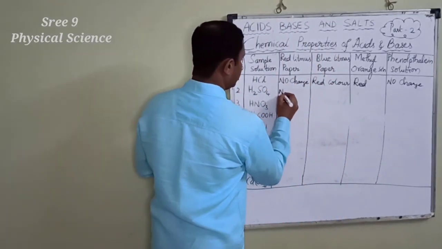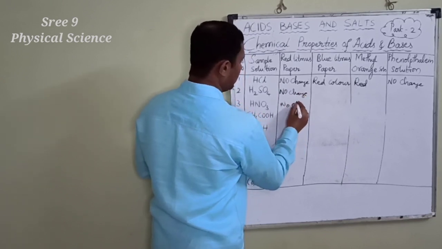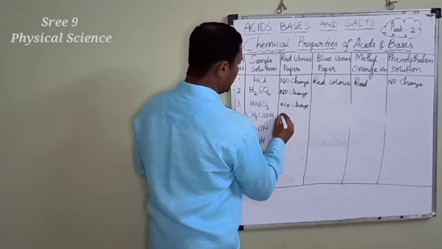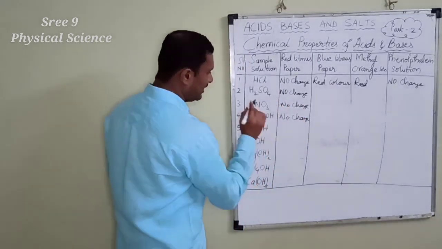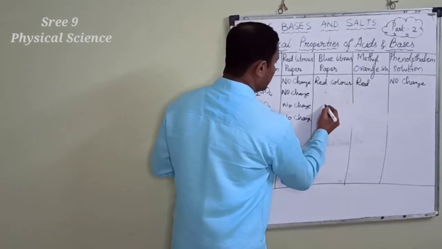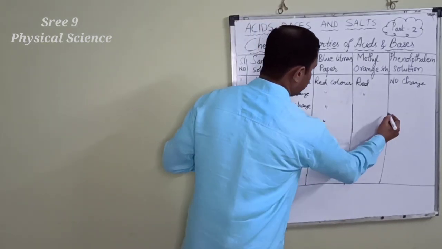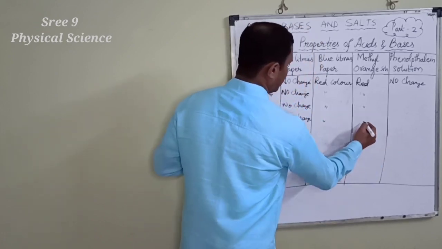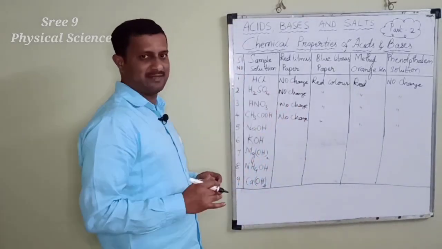Here no change, here also no change, here also no change. Why? Because all these are acids. The same results we will write, right? So for this also we will get the same results, hence I am writing the same results.